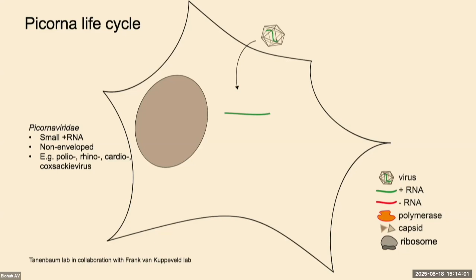The infection starts with the release of the genome into the cytoplasm, which is then translated by ribosomes of the host cell, resulting in the production of a polyprotein, which is processed into, among other proteins, a polymerase. This polymerase then uses this incoming RNA molecule as a template to first make negative strand RNA, and then this negative strand of RNA serves as a template for more positive RNA synthesis.